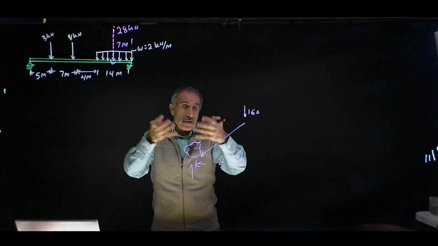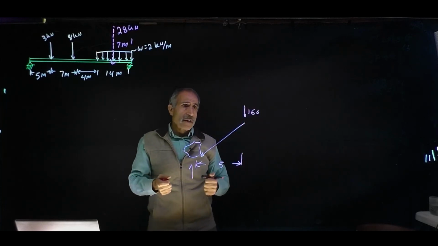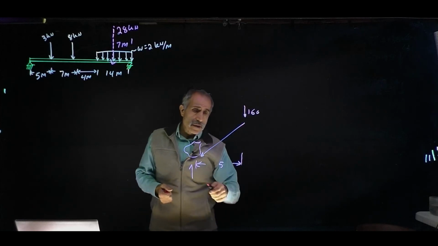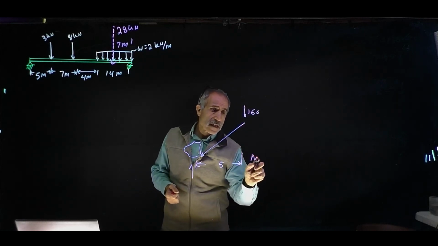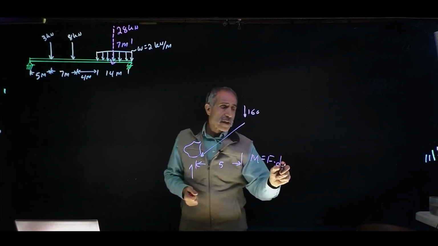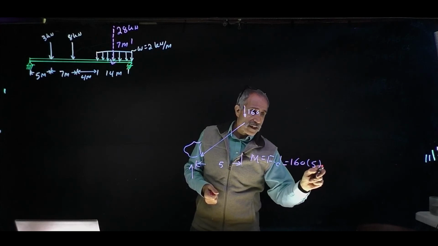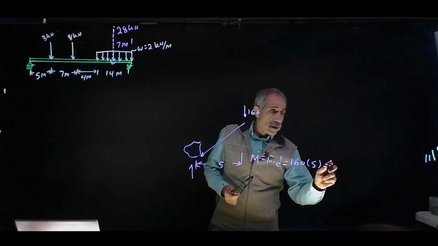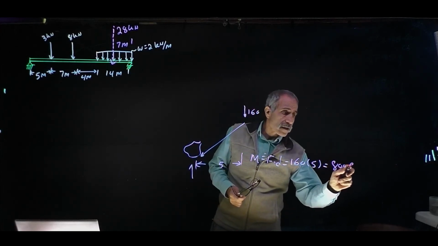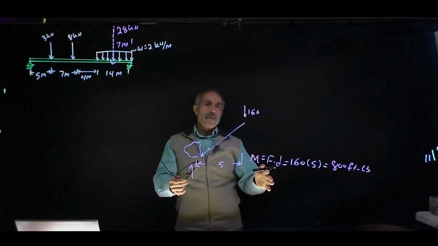I can't pick this rock up, it's too heavy, so I put the shovel underneath it and put 160 pound pressure on it. The moment is F times D, which has to be perpendicular distance, so 160 times 5, and that is 800 foot-pound. So that's what moment is.